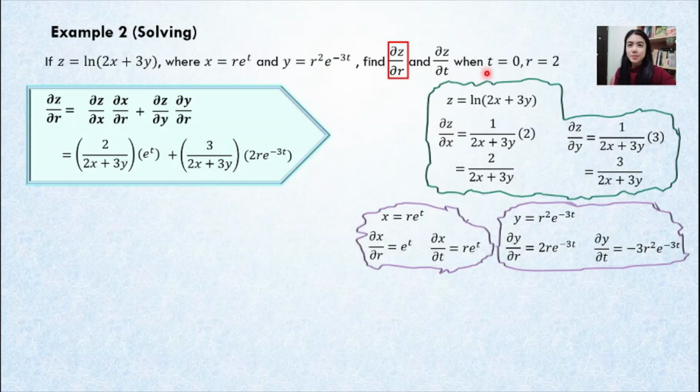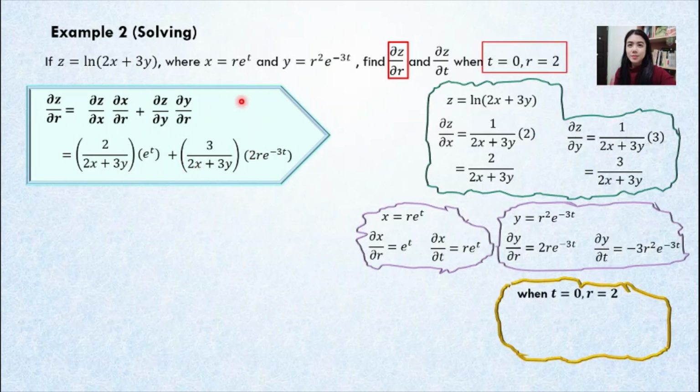because we need to look at the further information that we have. The further information is t equal to 0, r equal to 2. So you can substitute t equal to 0 and r equal to 2 into here, but you need to figure out the value of x and y. How to figure out the value of x and y? You can obtain it from these equations.